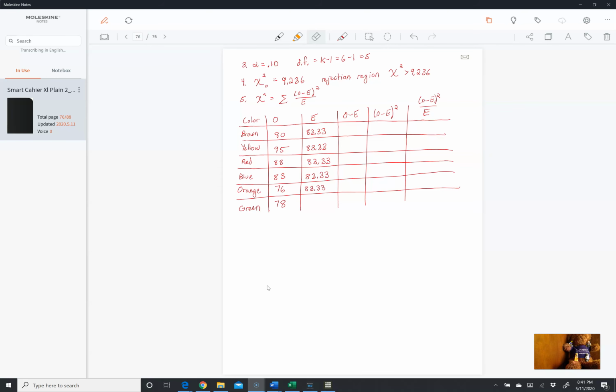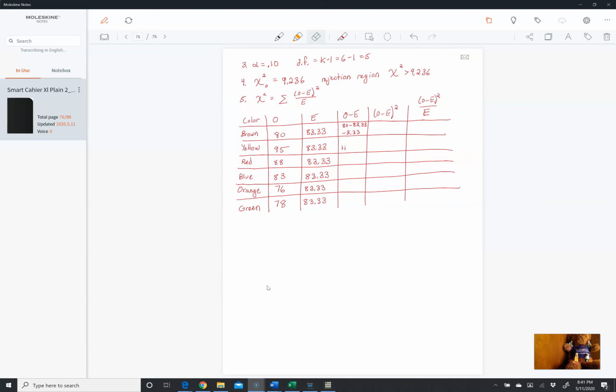These are all 3s. Remember, the 3s sometimes come out weird. Okay. So we're doing the second column minus the third, the 80 minus 83.33. Okay. That gives us negative 3.33.